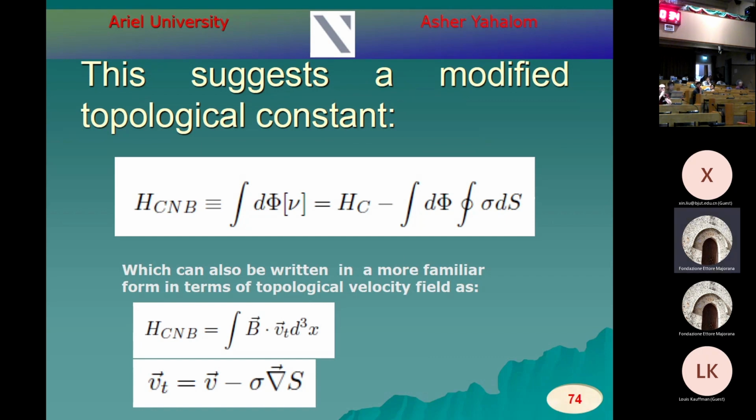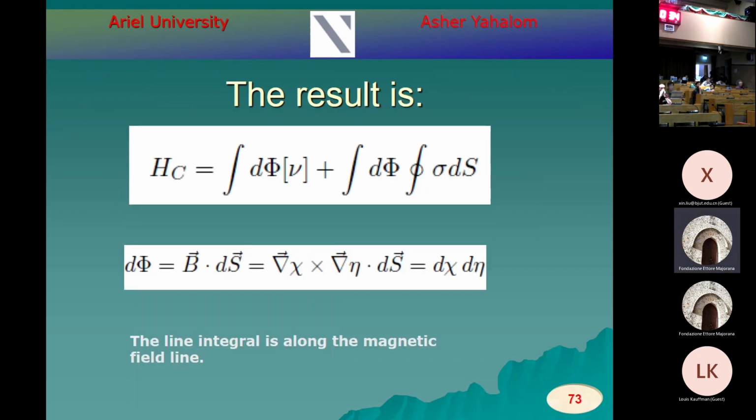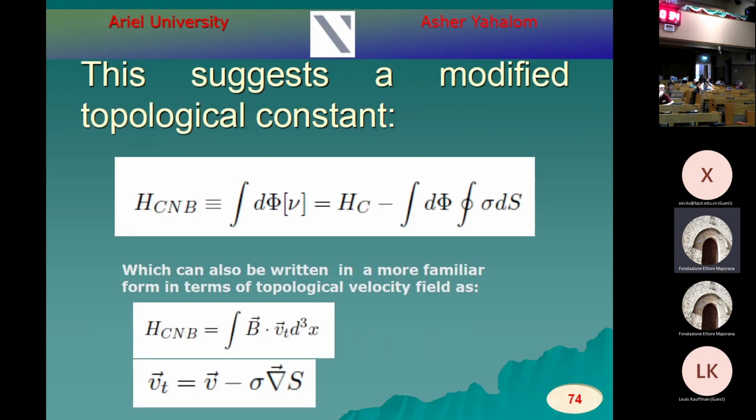Okay, so what is suggested is a modified topological constant. You see, the flux is co-moving, as Gunnar told us, and nu, the discontinuity of nu is also conserved along the flow. The other term is not. Okay, so we move it to the other side of the equation.